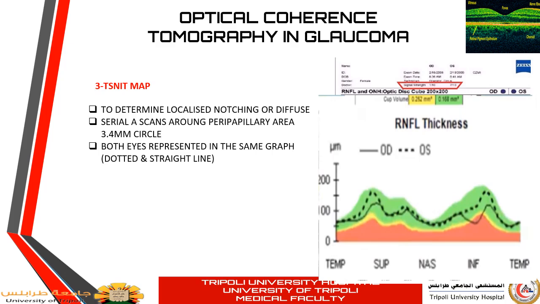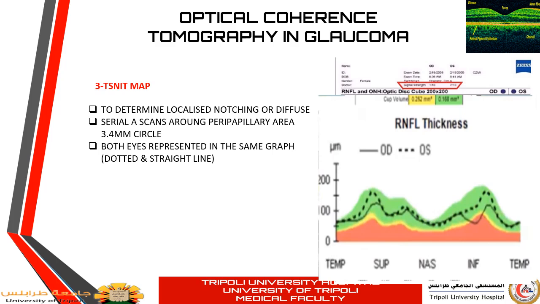Now you can see in this image that in the inferior part of the optic nerve here, the straight line representing the right eye is dipping into the red area. So there is thinning here in the inferior part. And as I mentioned before, the most vulnerable area, the macular vulnerability zone, is the inferior pole.